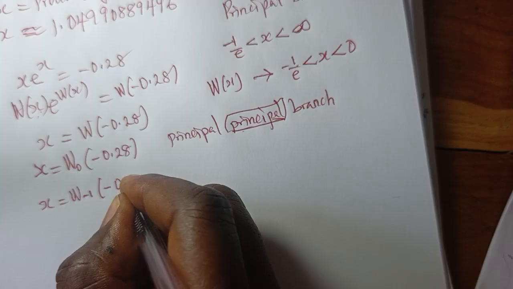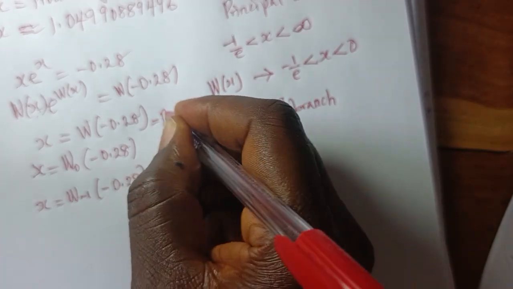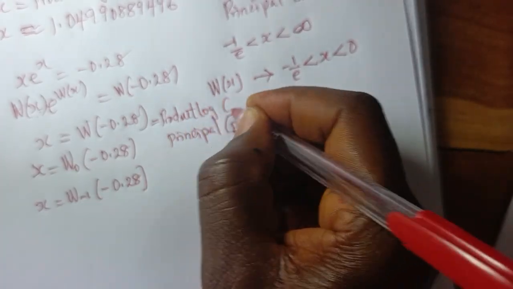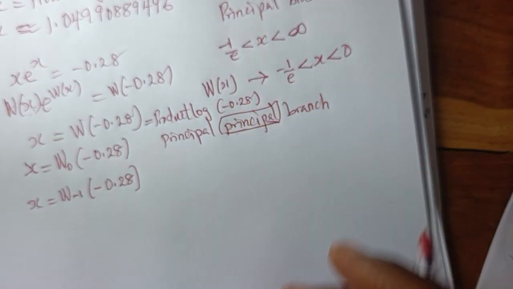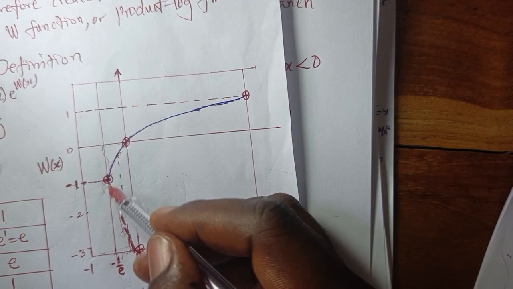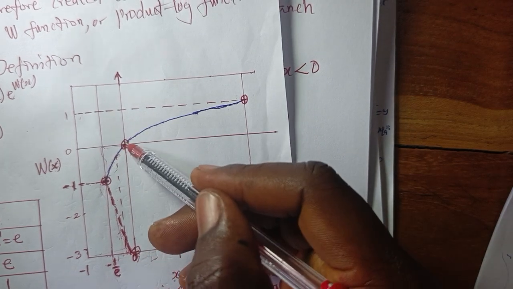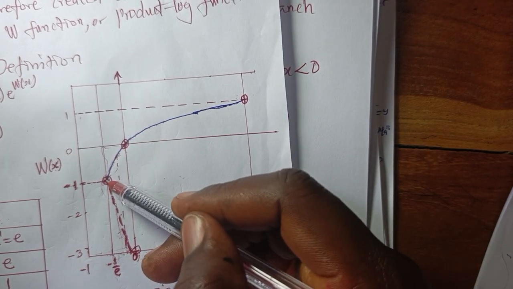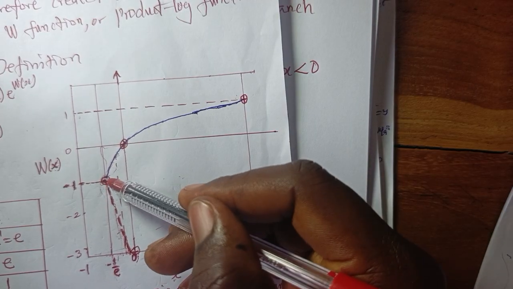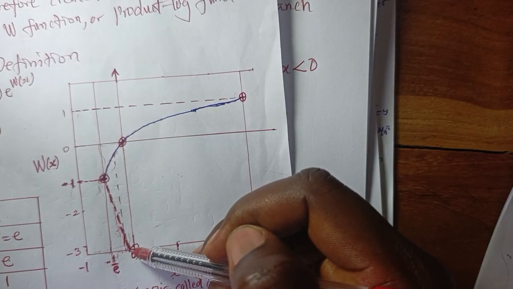When you press Productlog of minus 0.28, you are going to obtain two solutions. When you look at the graph here, the resolutions fall within this box. One is between 0 and minus 1, which is on this blue graph. The other one is between minus 1 and below, on the dark red graph here.